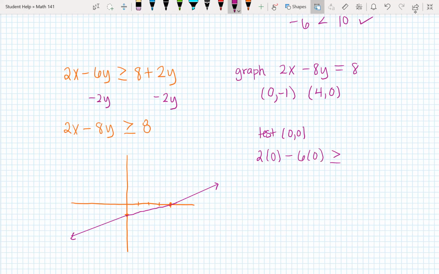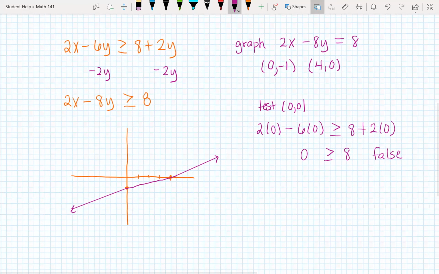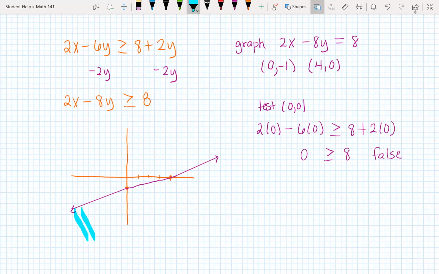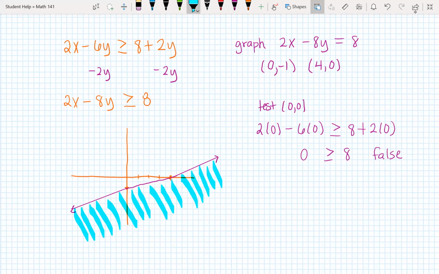Is that greater than or equal to 8 plus 2 times 0? So I've got 0 greater than or equal to 8. This is false, right? So because this is false, we're going to shade on the side where the origin is not included. And anything in that shaded region will make that inequality true.